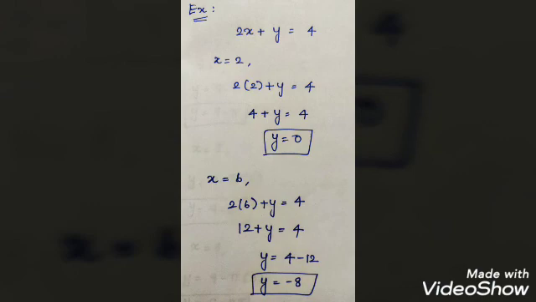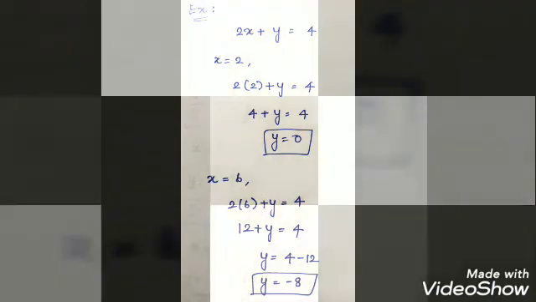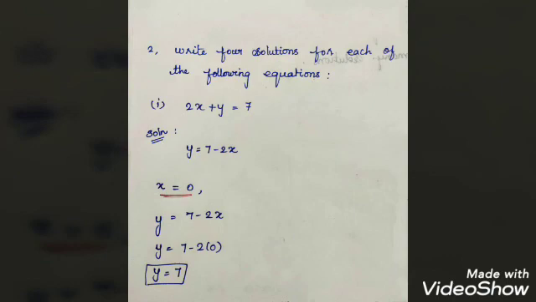If we substitute a value of x, we can get a value for y. First, substituting x equal to 2, we get y as 0. Then x equal to 6, we get y equal to minus 8. Likewise, we get infinitely many solutions for a linear equation in two variables.